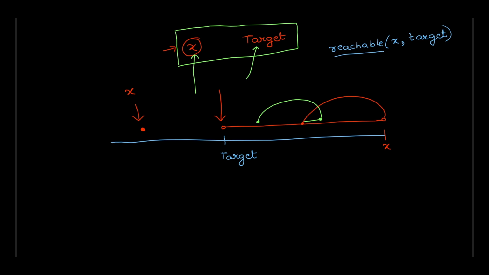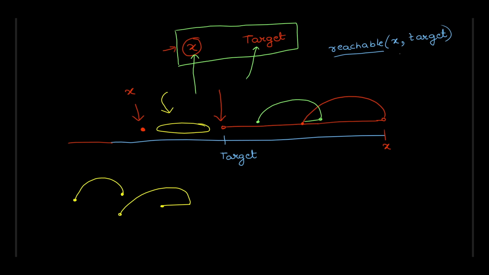What is that case? Because you know that the optimal path looks something like this. You either go back, or you go one step forward and then you go back. So if you have a big gap between you and the target, then of course you cannot reach the target.